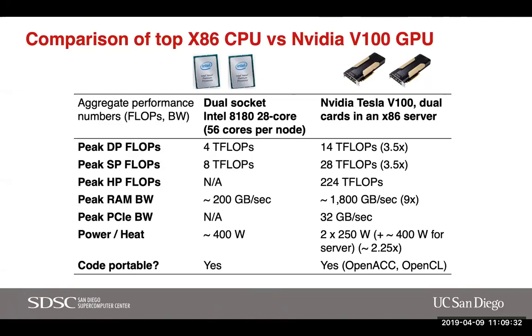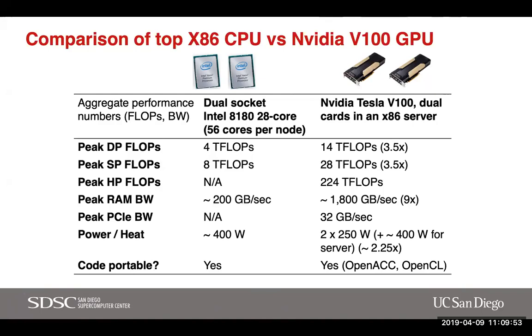These are the high-end data center GPUs by NVIDIA. You can see that the peak performance, in both double precision and single precision, is approximately a factor of 3.5 higher. This is comparing two GPUs to the two CPUs.